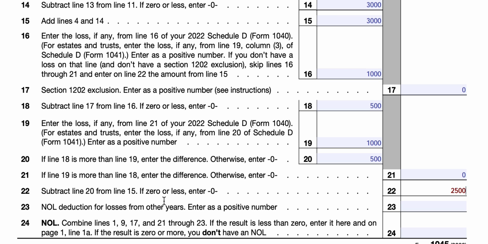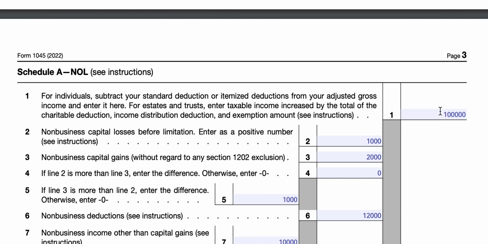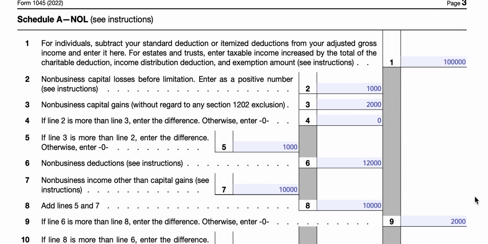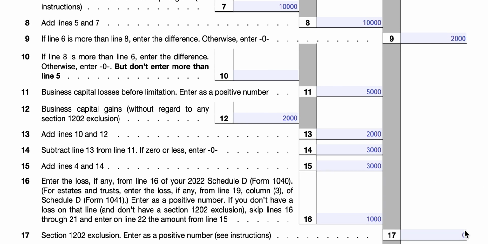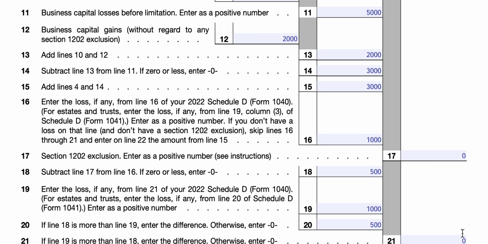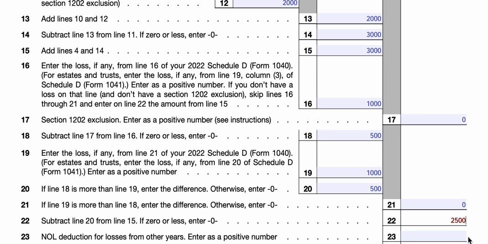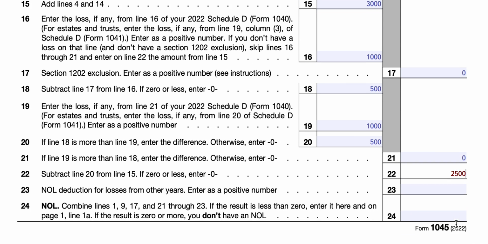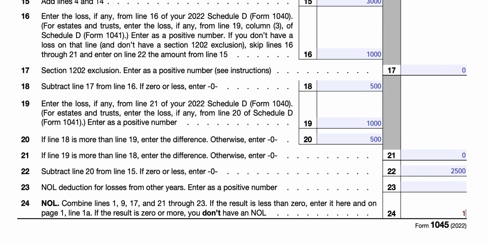So as it currently stands, let's go up. We have line 1, line 9, so this is 102,000. We have 0, 0, 104,500. So if the result is 0 or less, you enter it here and then on page 1, line 1A.